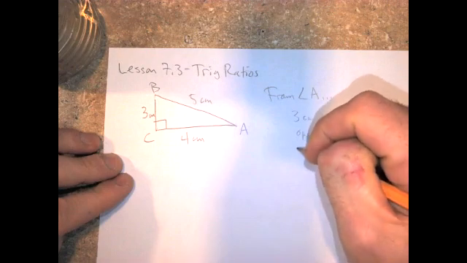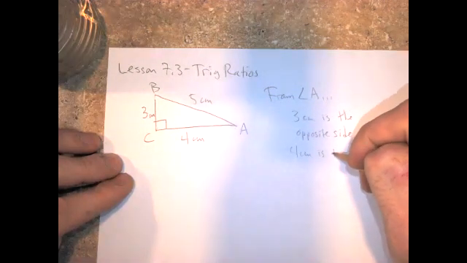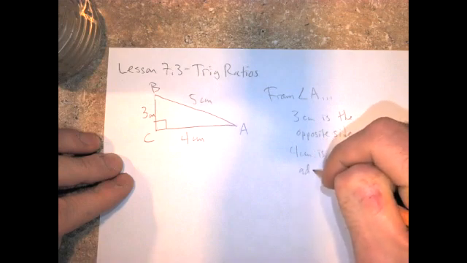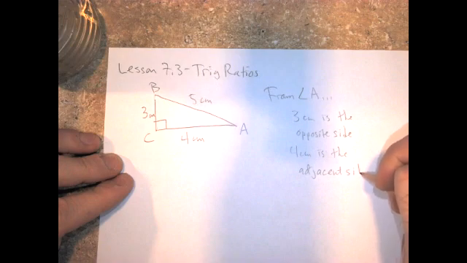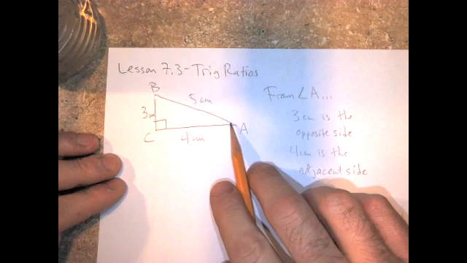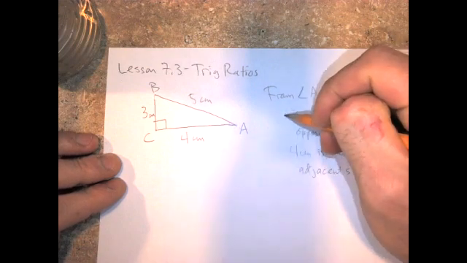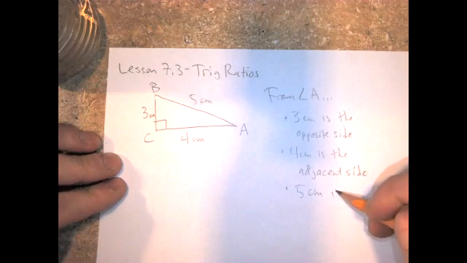The 4 centimeters, we call that the adjacent side. From angle A, 4 centimeters is the adjacent side. And then obviously 5 centimeters is the hypotenuse.